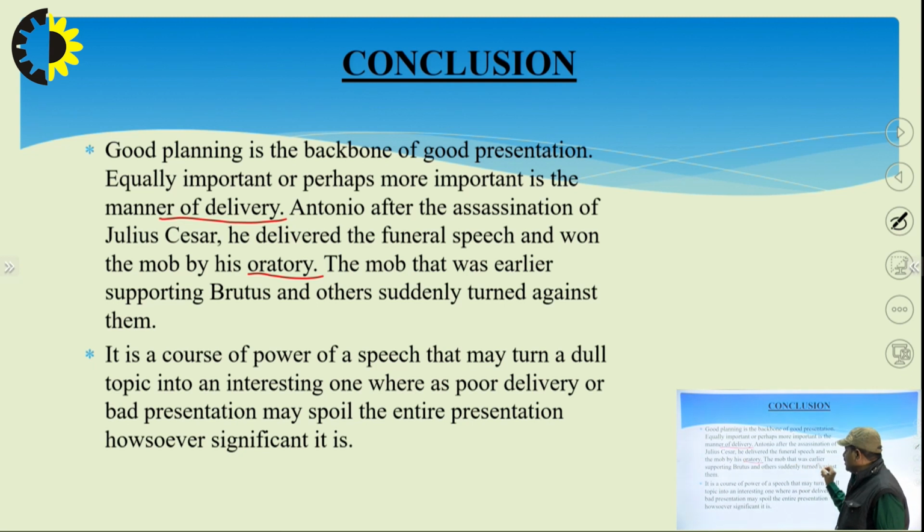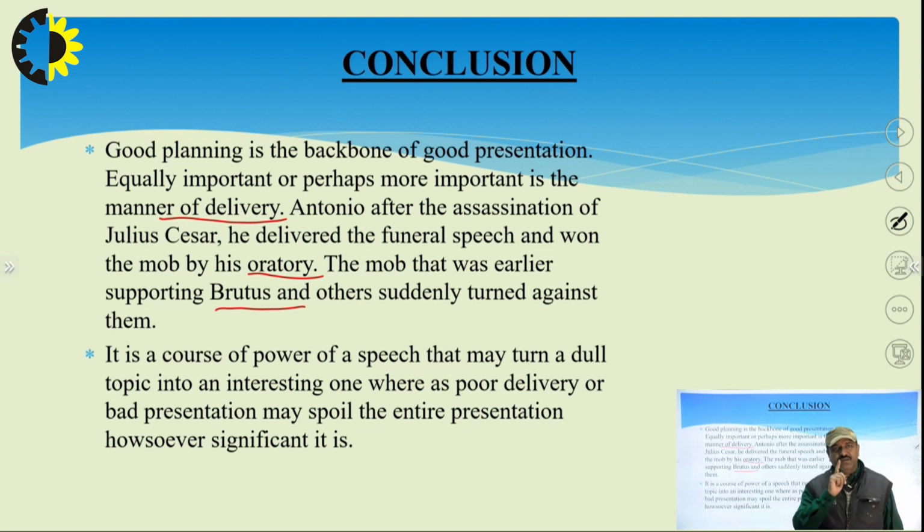The mob that was earlier supporting Brutus suddenly turned against him because of the speech and the way it was presented. It is the power of a speech that can turn a dull topic into an interesting one, whereas poor delivery or bad presentation may spoil the entire presentation, however significant it is.